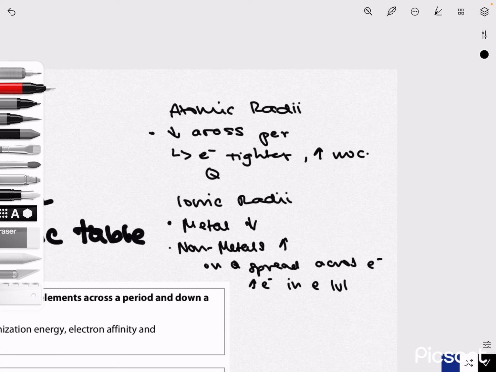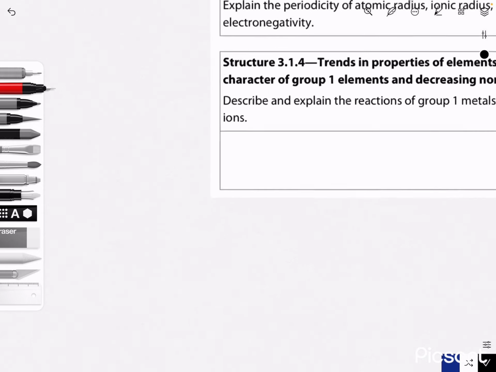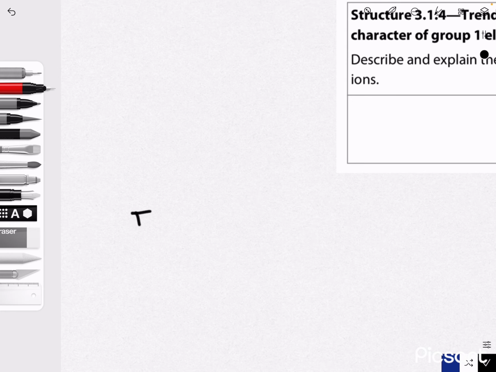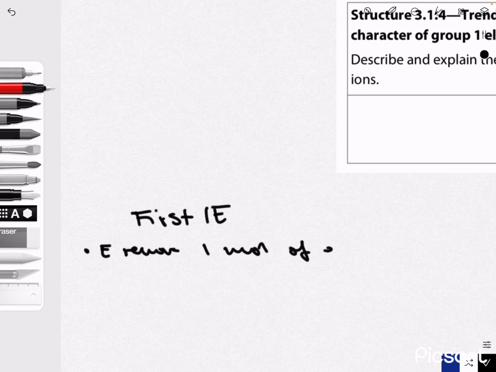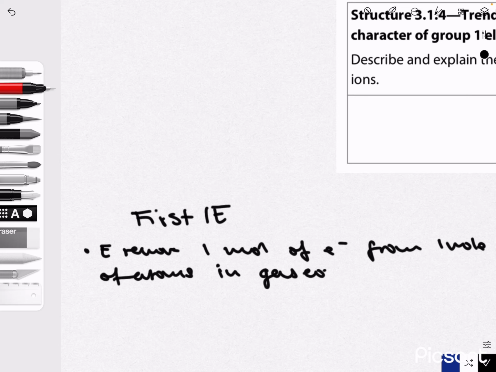Now, the second trend that we'll look into is the first ionization energy. The definition for this is the energy it takes to remove 1 mole of electrons from 1 mole of atoms in a gaseous state.